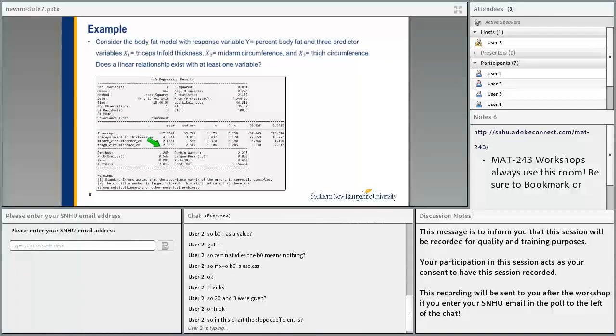The slope coefficients, it would be these values. Those are your beta 1, beta 2, and beta 3 values.